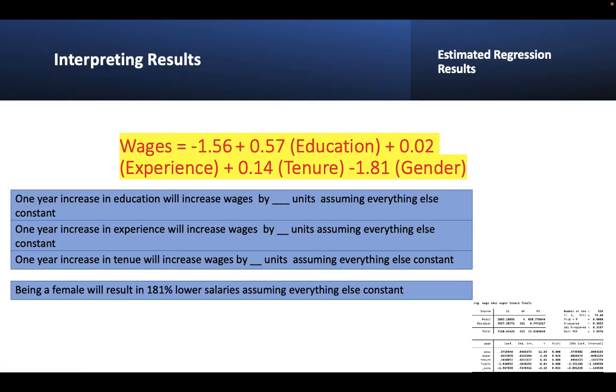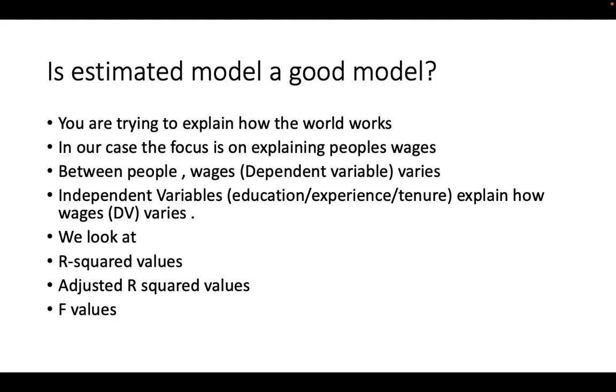Now that you've actually seen this, we want to think about whether what we've estimated was a good model or not. But first, we want to refocus on what we were trying to do. We were trying to explain how the world works, and our focus at the moment is on explaining how people's wages vary.